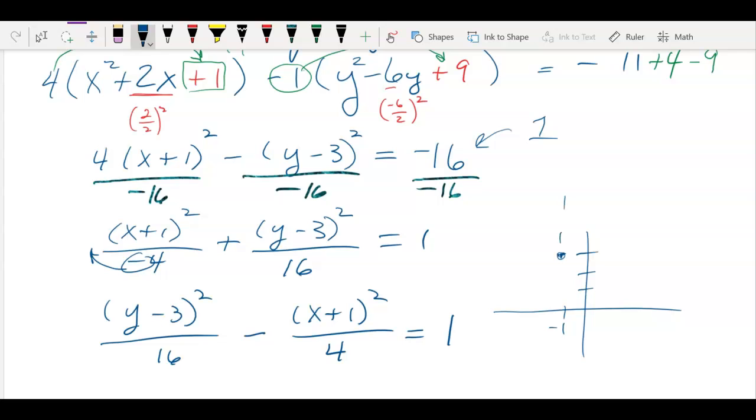So your transverse axis is going to be this way, which will mean eventually your hyperbola itself is going to be kind of like this and like that somewhere, depending on where the foci end up. Okay, so hope that helps.